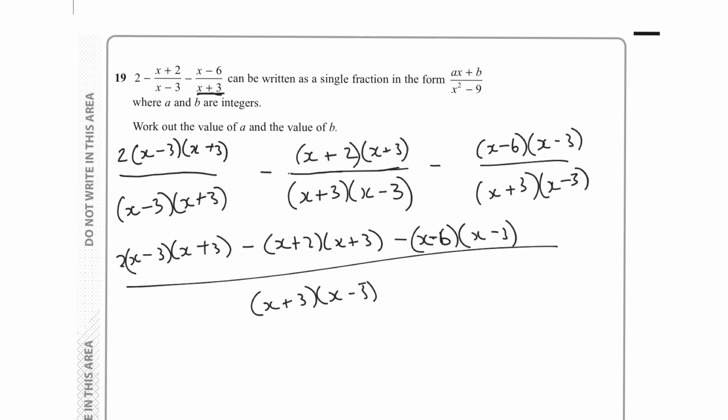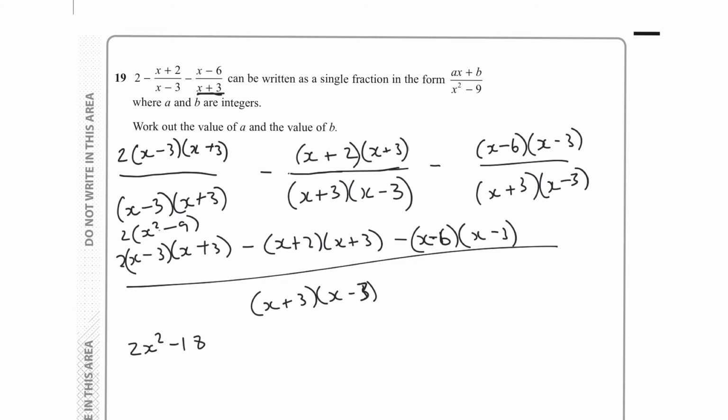Expanding the first bracket first, multiply the two brackets together: x squared minus 3x plus 3x minus 9. Plus 3x and minus 3x cancel out, leaving x squared minus 9. Multiply that by the 2 on the outside and you end up with 2x squared minus 18.